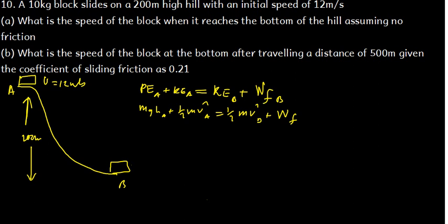So the mass in this case is 10, g is 9.8, the height is 200, plus kinetic energy, half, mass is 10, the velocity is 12, squared, should be equal to, at the bottom, half, the mass at the bottom is still 10, and the velocity at the bottom we don't know, so v squared.